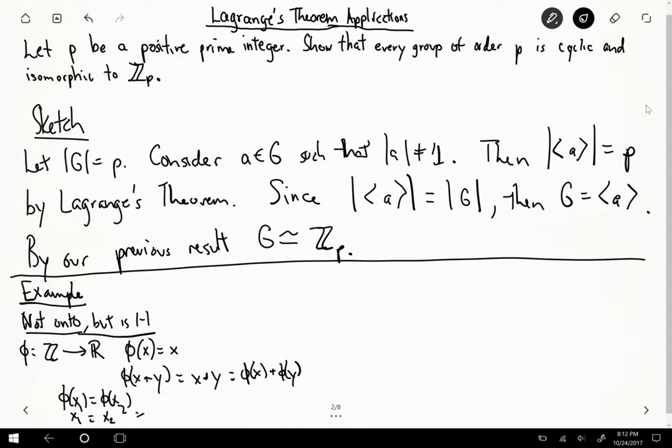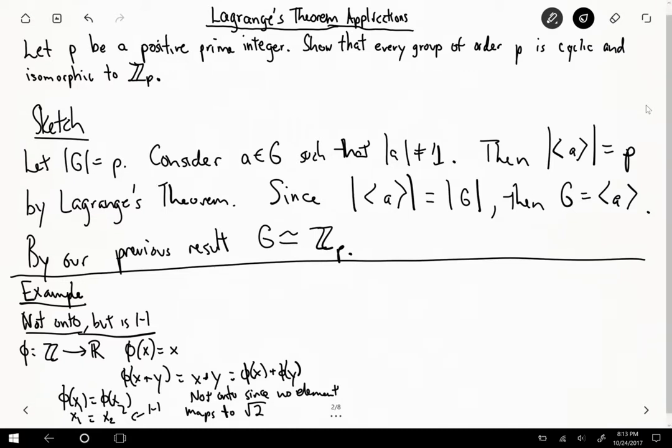So this means one-to-one, but not onto, since no element maps to, let's say, just pick your favorite value that's in the reals and not an integer, square root of 2. You could have any other number if you want, for that matter. So not onto since you have no element there.